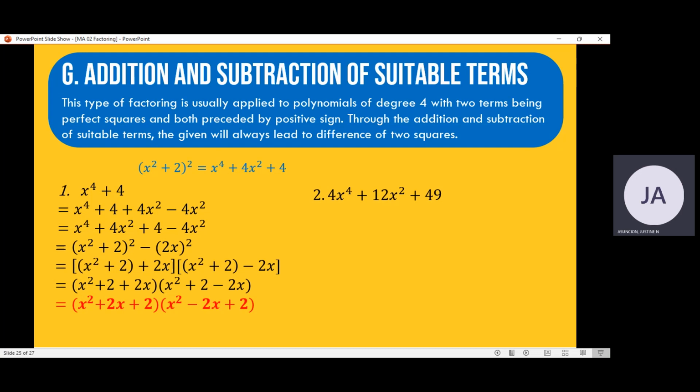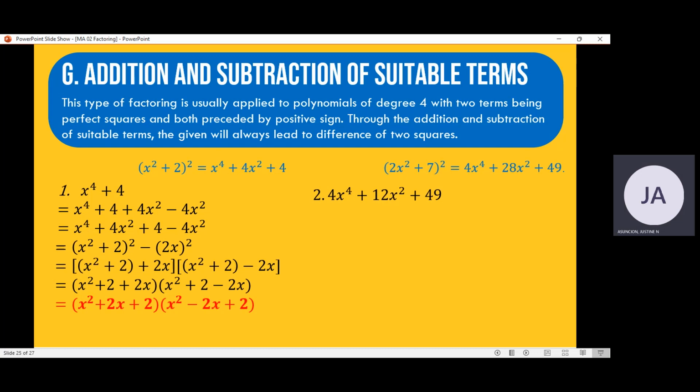As you can see here, at first we cannot factor it, right? As we consider the first term and the last term, we can say that we need to have this quantity 2x squared plus 7 squared, which is the first term, 4x raised to 4, and then the last term, which is plus 49.